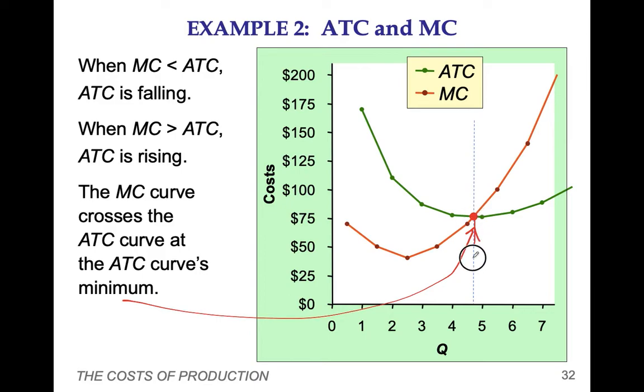This minimum corresponds to the level of production at which the firm can get the lowest average total cost per unit produced.